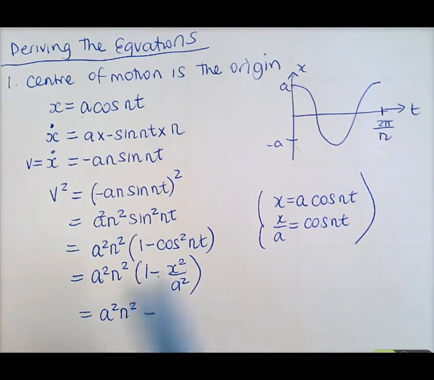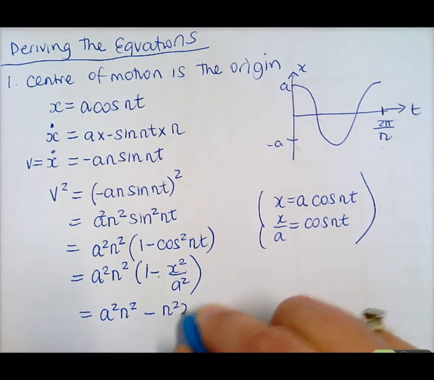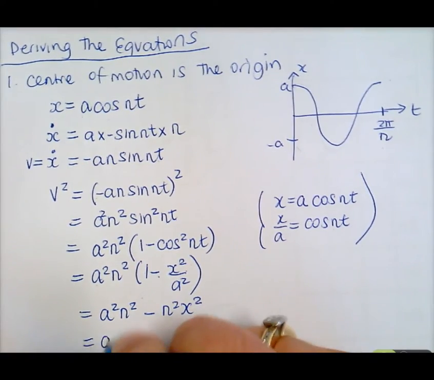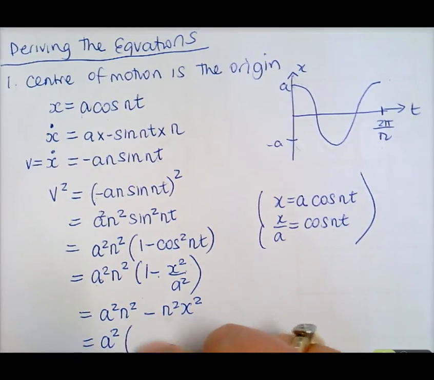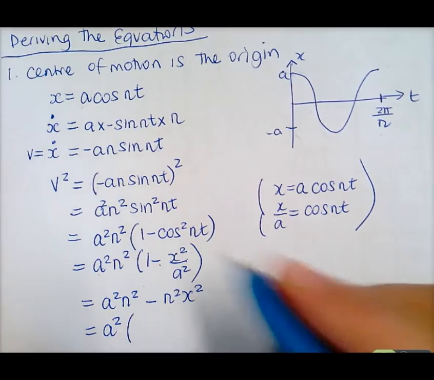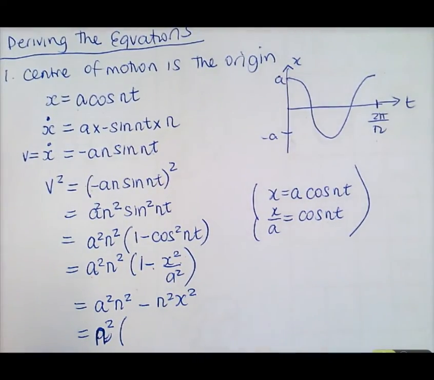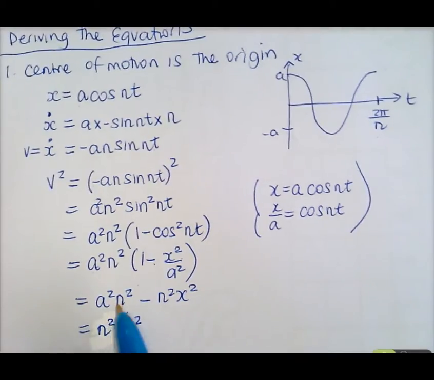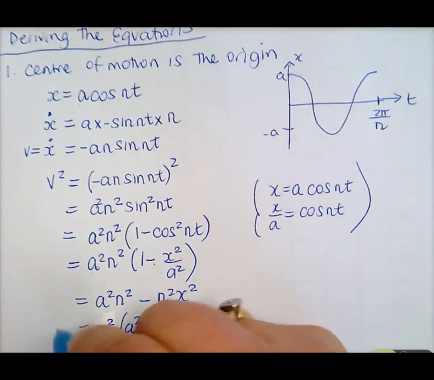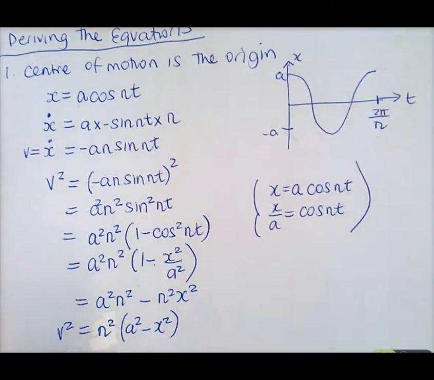Multiply a squared n squared by x squared on a squared, what do I get? N squared x squared. So taking out n squared as a common factor, v squared equals n squared bracket a squared minus x squared.